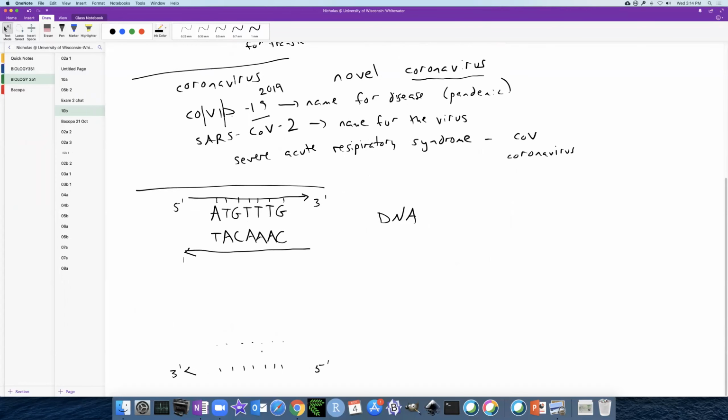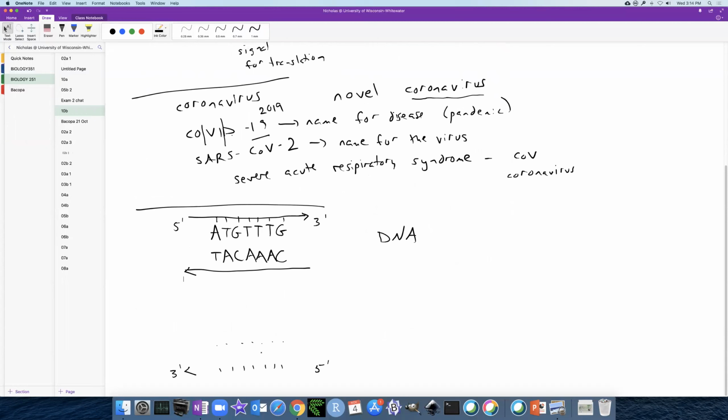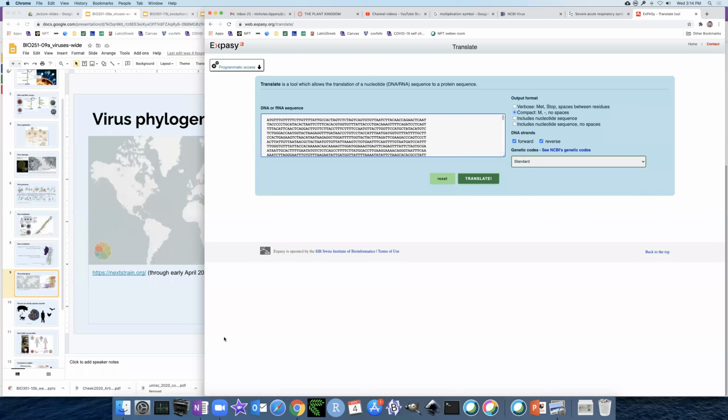So we're looking at the DNA sequence, but then after translation, we would be looking at, again, by convention, the sequence that's given here is the coding strand.